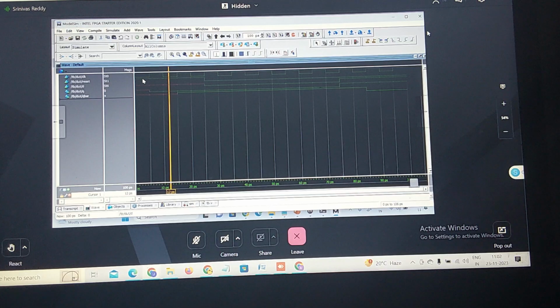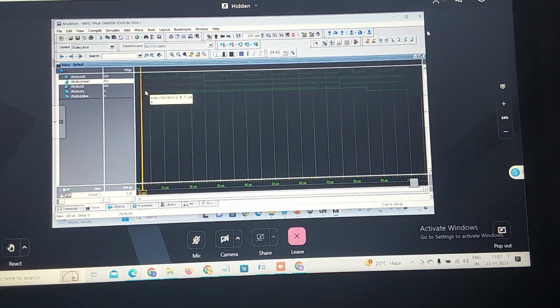Because when reset is 1, Q should be 0, but we are writing a synchronous reset. This reset will be synchronous with the clock. Whenever reset is 1, when the rising edge comes, then only Q becomes 0. Did you understand? Are you able to understand this program?